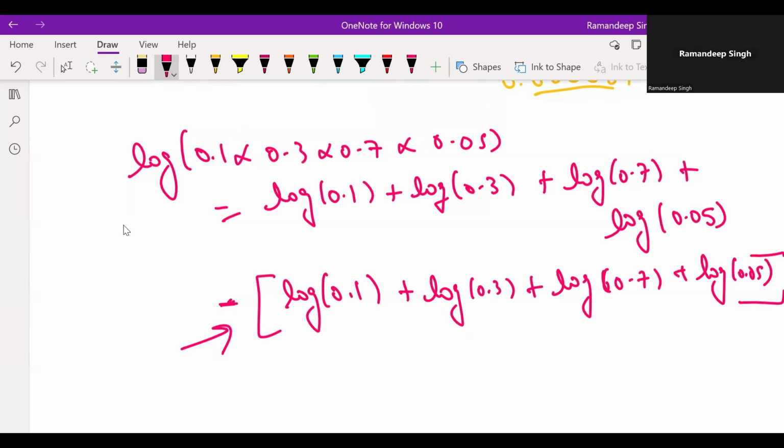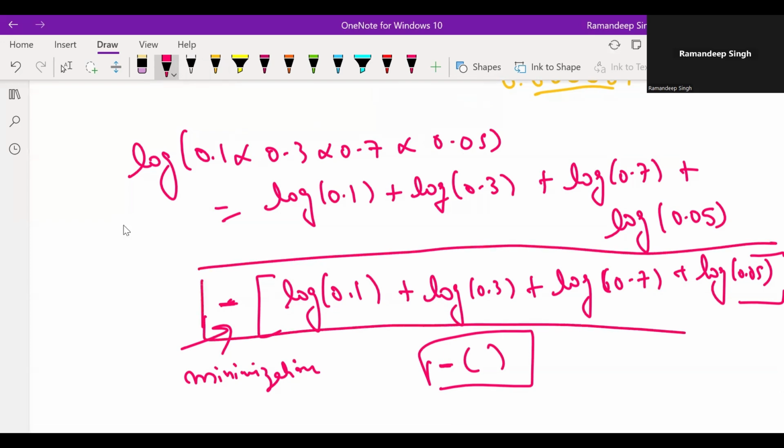And now this has become a problem of minimization. If I have a positive number, then I will be maximizing it. But if I introduce a negative sign, then it becomes a problem of minimization, right? So we are trying to do that. And this function is called the log likelihood. What we are doing is minimizing the log likelihood function.